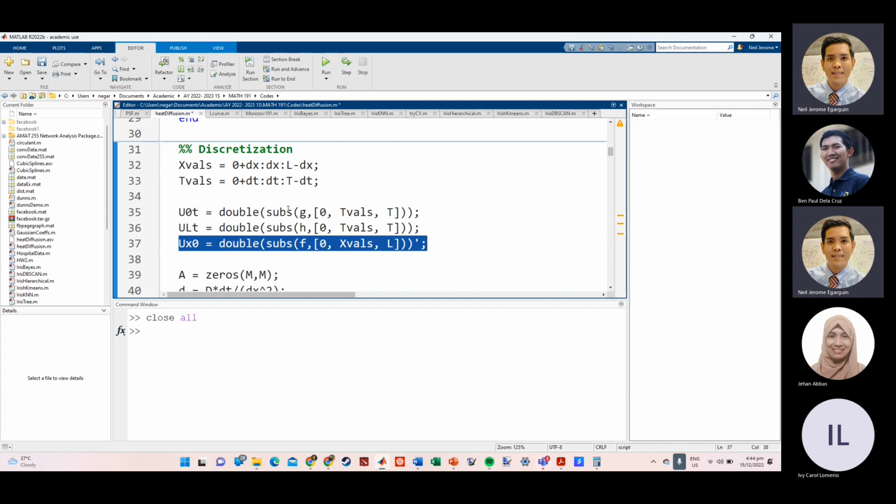So you can read later kasi wala na akong oras, ano? Yung subs, ito yung nagsa-substitute ka na. So ang ibig sabihin nito, magsa-substitute ako kay symbolic function g, etong mga inputs na to, right? So remember, g is a function of t, so MATLAB will plug in the contents of this vector into the function g, and then I will convert whatever that symbolic vector is into a double precision vector.